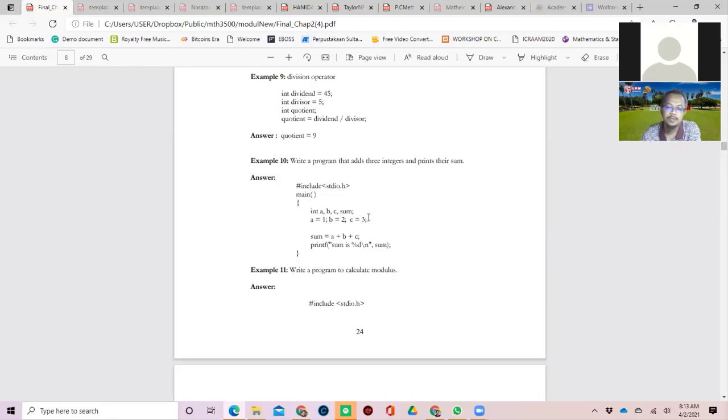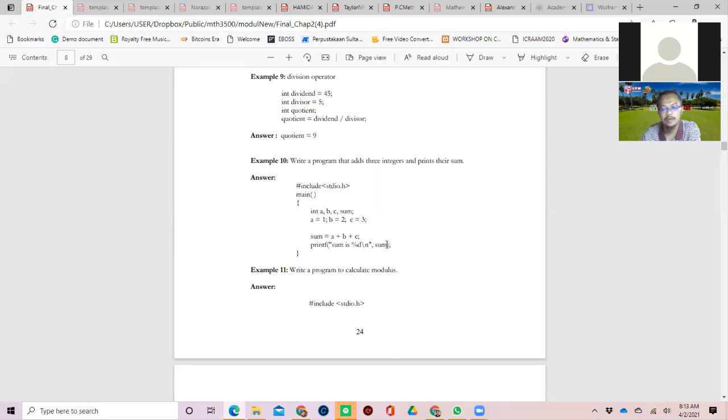After we declare and initialize the values, we can use them in a formula. For example, sum equal to a plus b plus c. Very straightforward: 1 plus 2 plus 3 is 6. This is the statement, and the next is the printf statement. In the previous lecture we discussed how to print a value that involves a variable.